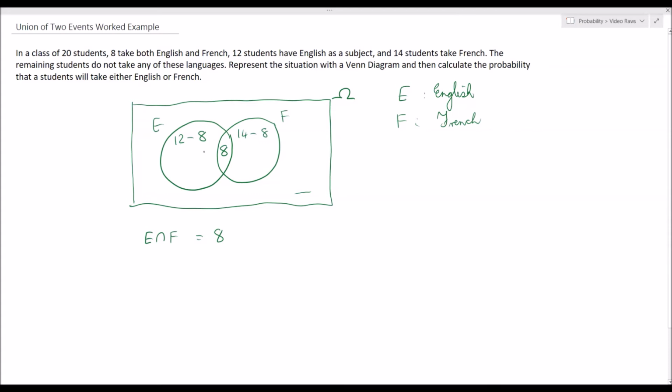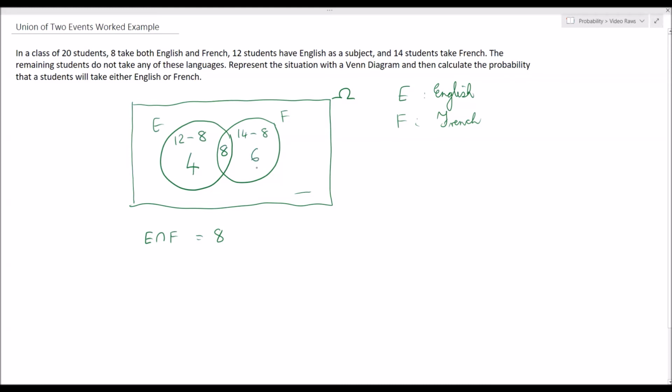So now we need to evaluate the totals. For English, we know that the total number of students has to be 12 because it's 12 minus 8 plus 8. But the number of students that take English solely is 12 minus 8, which is 4. And the number of students that take only French without English is 14 minus 8, which is 6.